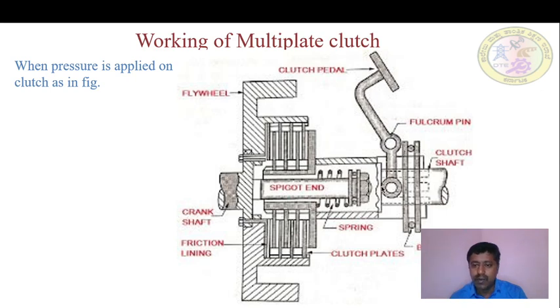And as this portion is connected to one of the ends of this pressure plate, the pressure plate assembly will tend to move away from the flywheel by compressing this spring.